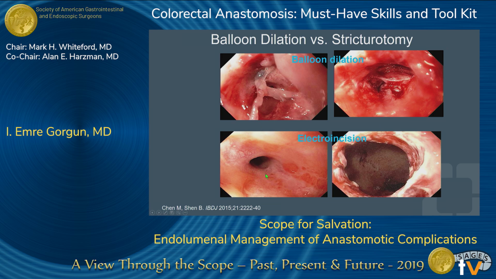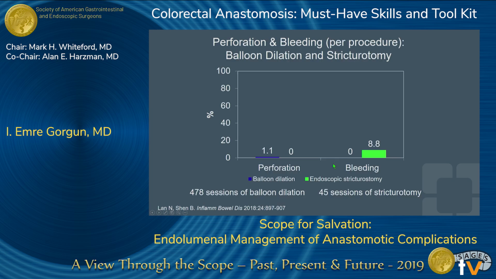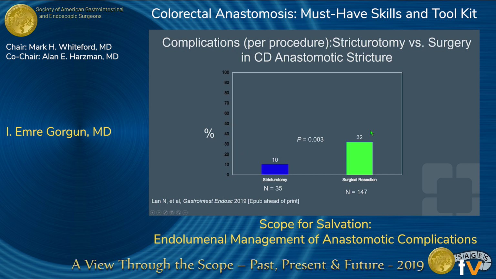If, for example, in an area like this, very hardened and chronic, you might need to do more. In these circumstances, a needle knife or electro incision can also be applied. Are they risky? This is a study that looked at that. Really, the bleeding was a little bit higher risk than with balloon dilatation, but perforation wasn't found to be significantly different.